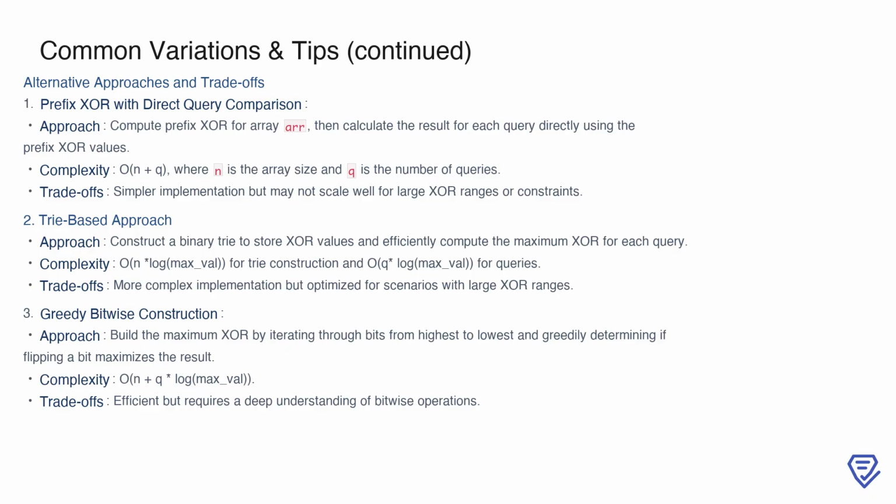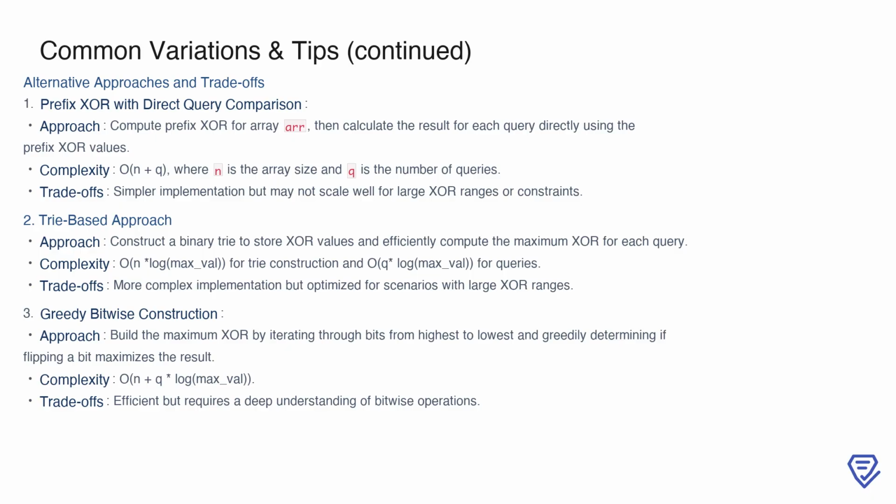Another option is the tree-based approach. Here, you construct a binary tree to store XOR values, which enables you to efficiently compute the maximum XOR for each query. This method has a complexity of n*log(max_val) for building the tree and q*log(max_val) for answering queries. Although it's more complex to implement, it's optimized for cases with larger XOR ranges.